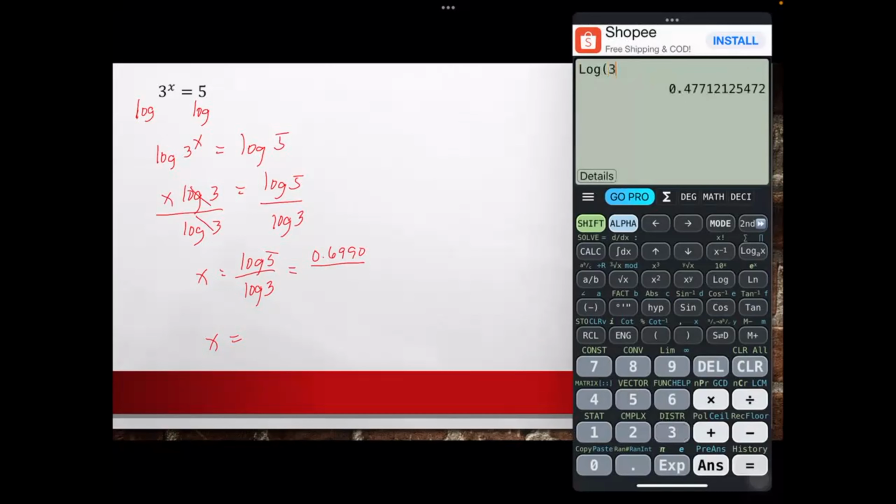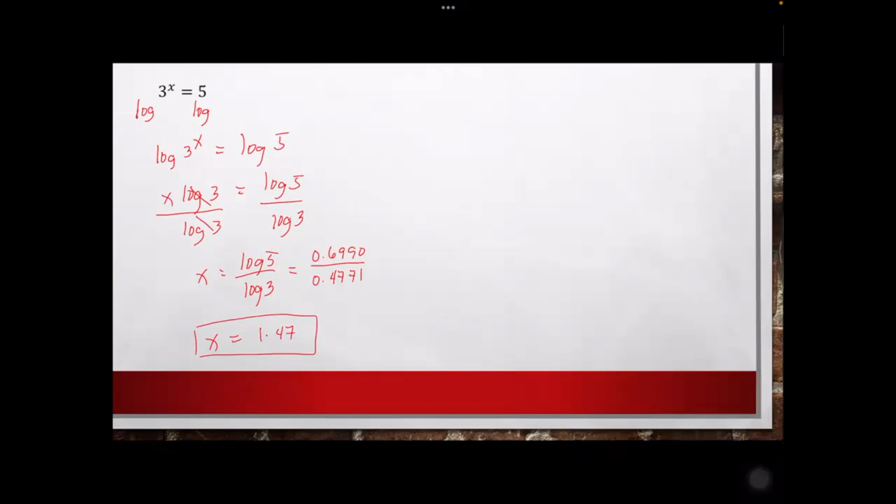So, log 3 is 0.4771. Then, di-divide natin yung dalawa. 0.6990 divided by 0.4771, karoon tayo na sagot na 1.47. And ito yung value ng ating x.